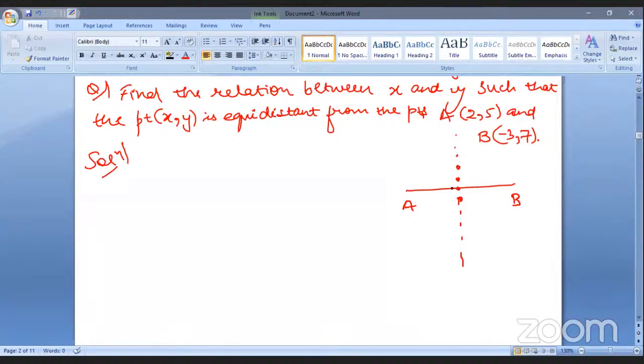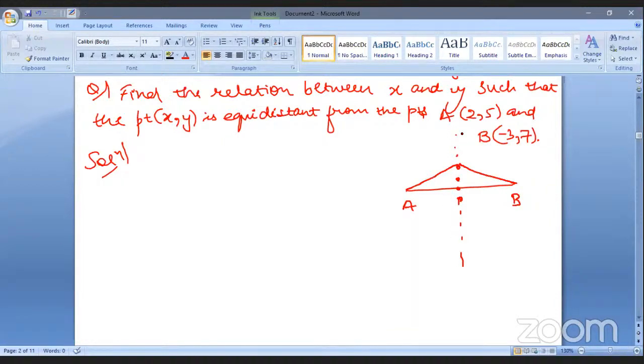P would be there, definitely. There is no issue in that. But we should remember one thing more, that if it is saying equidistant and it is not specifying midpoint, then infinite points will be there on the line, like this line.